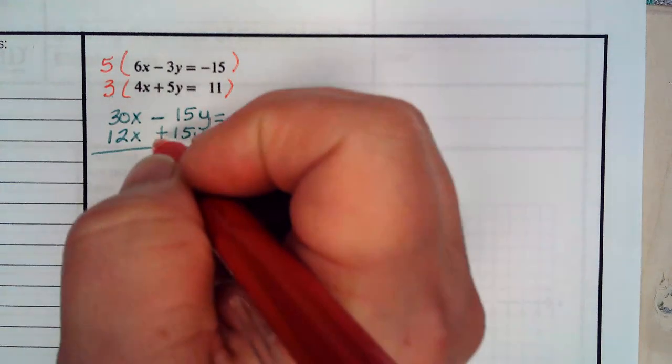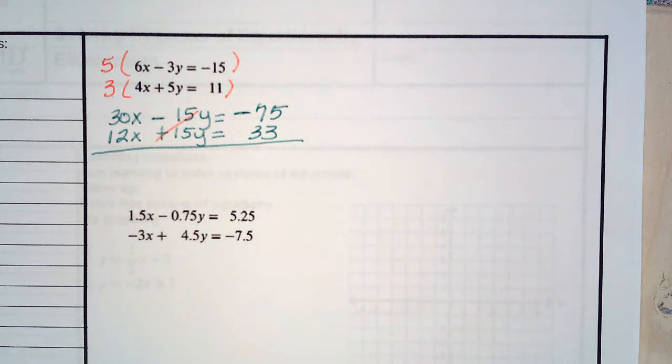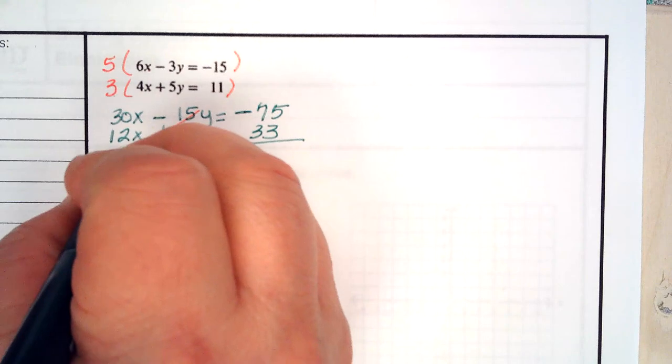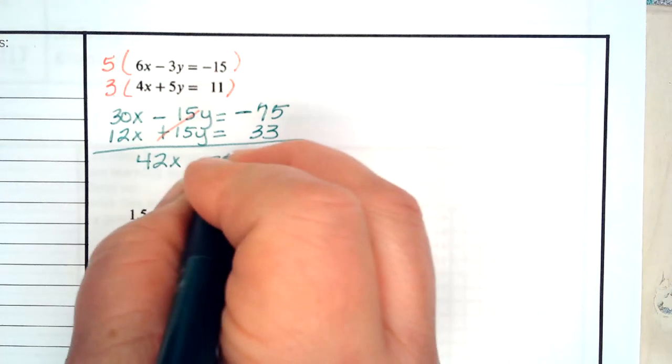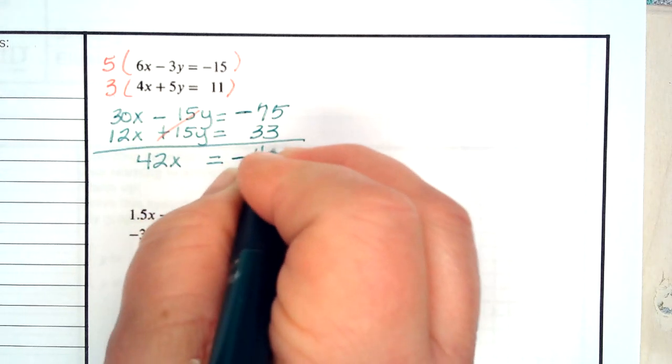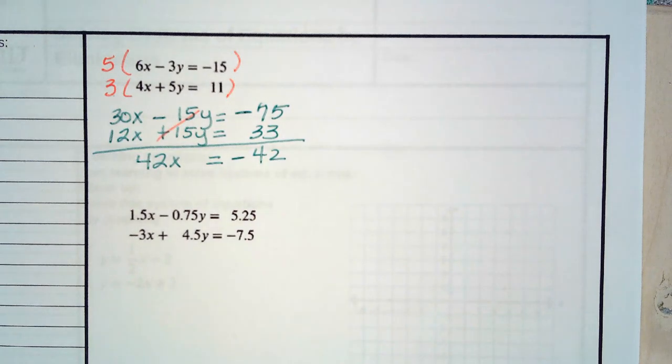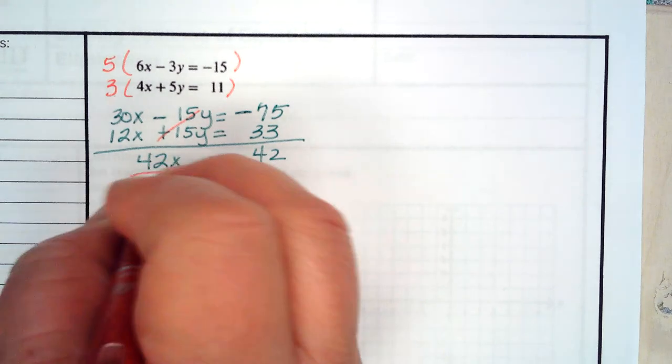I've eliminated my y values. 30 plus 12 is 42x is equal to negative 42. Divide both sides by 42.